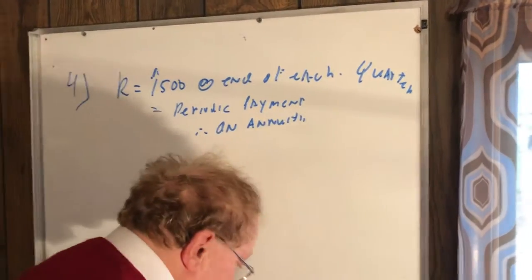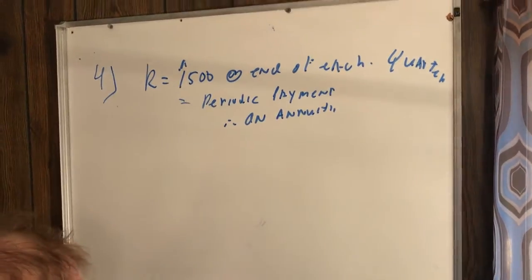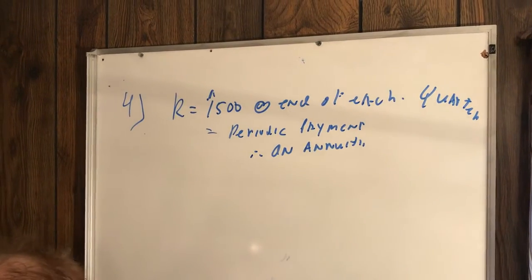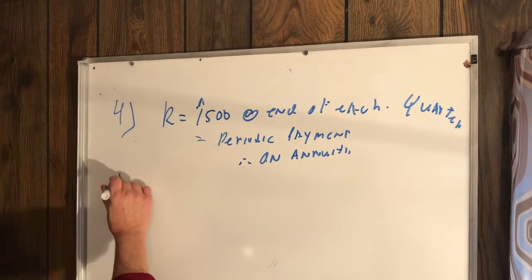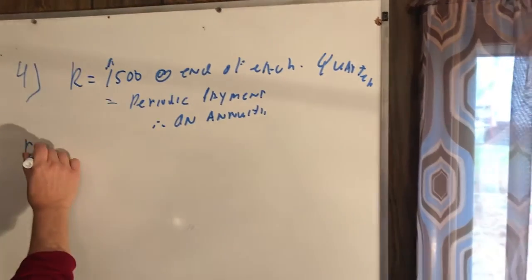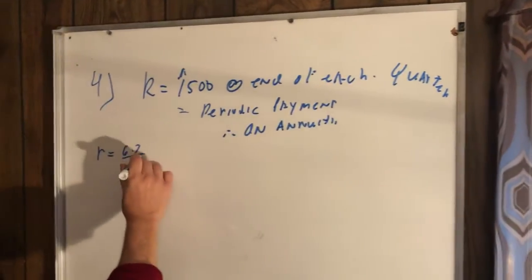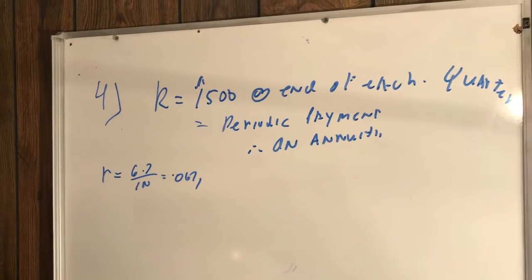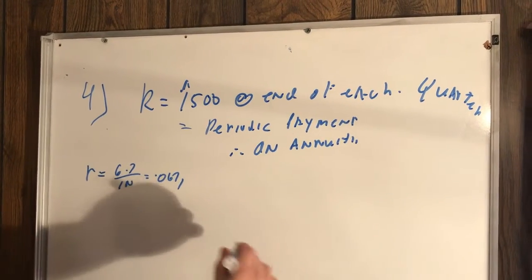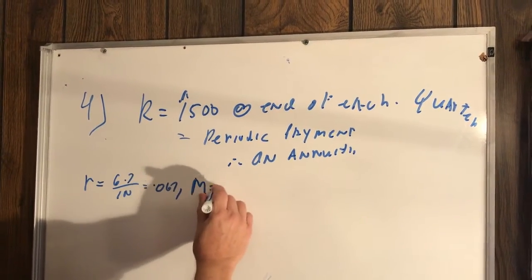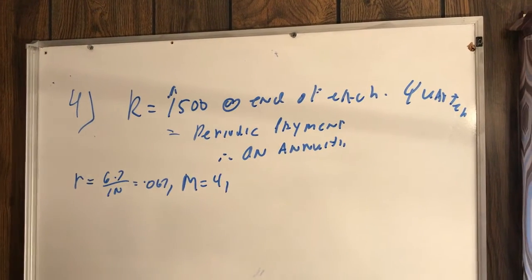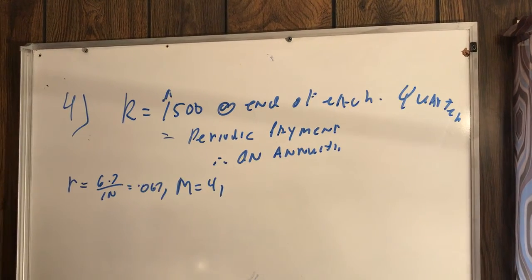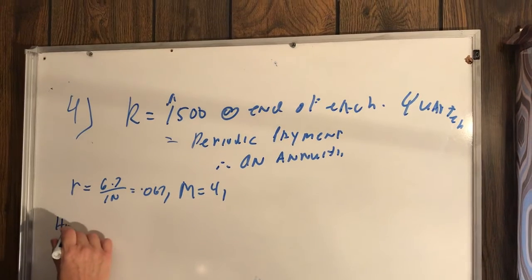The company deposited $1,500 at the end of each quarter in an account that earns 6.7%. So r is 6.7 divided by 100, 0.067. You're going to need a compounding period. It says quarterly, m equals 4. Now the question is, how long?